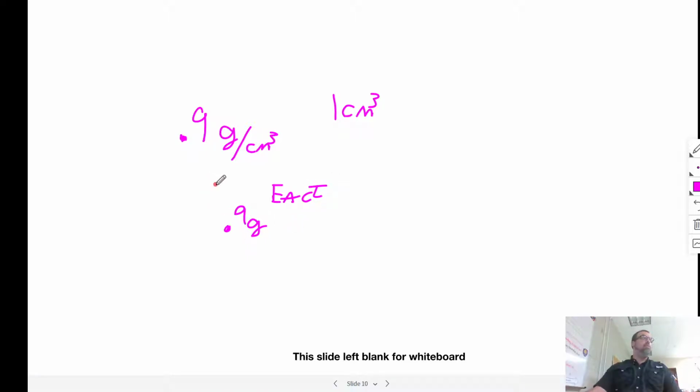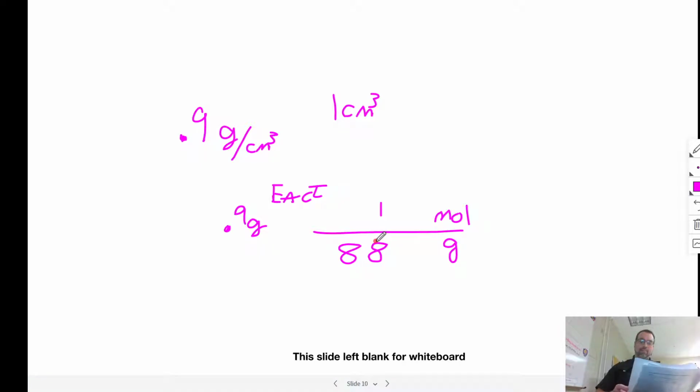Now we're going to have to divide this by the molar mass of ethyl acetate. So we can make our normal conversion. Remember, grams goes on the bottom, moles goes on top. The molar mass for ethyl acetate is 88 grams, so 1 mole of ethyl acetate is 88 grams.